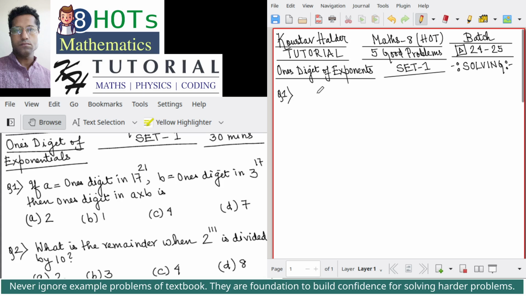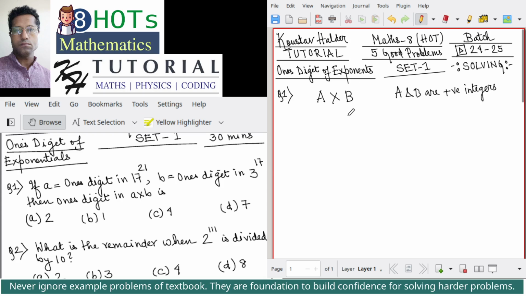Now, what will be the ones digit in a number which is a multiplied by b, where a and b are positive integers, that is, integers greater than or equal to 1?